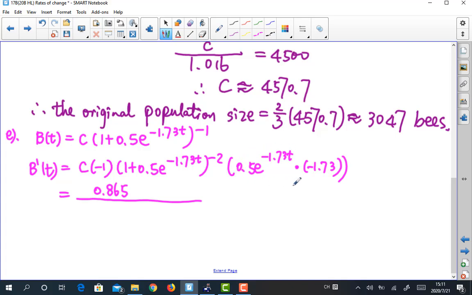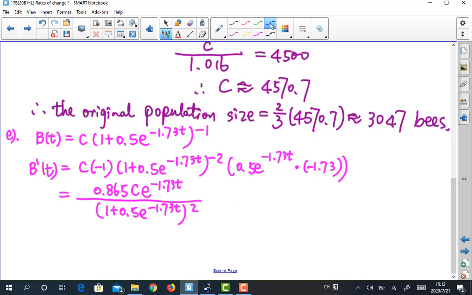I calculated this value on the scientific calculator, and it is a negative value. With this negative 1, it becomes a positive value. So 0.865, then c, then you still have e to the power of negative 1.73t, divided by 1 plus 0.5 e to the power of negative 1.73t, squared. Look at this simplified form for b prime t.